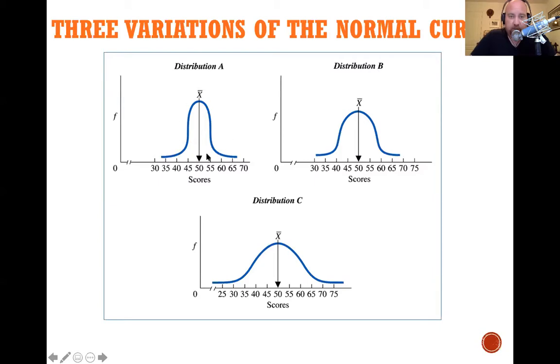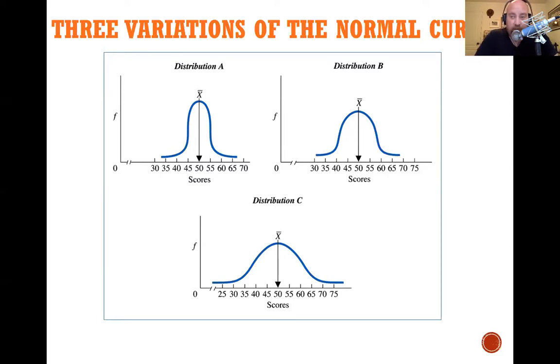They're symmetrical. There's a peak right in the middle, right in the center there. They're unimodal. And as you move away from the middle in either direction, to the right or the left, you get a mirror image of each side, right? So we can tell these are nice bell curves, or normal distributions. So that means that the mean, median, and mode are all in the same place. They're all a score of 50.